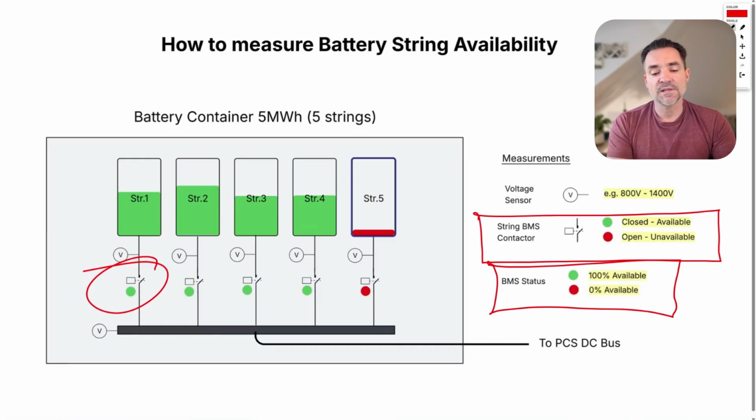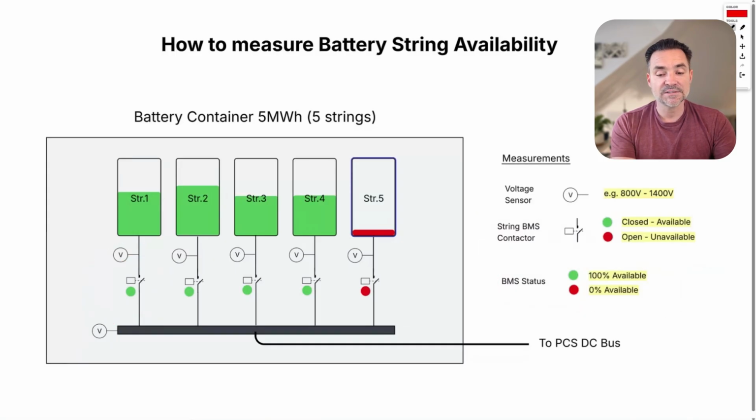They're also fairly reliable. If you don't have any of these measurements, or if you don't trust them, you could also measure the voltage of the bus and the voltage of the string. If the contactor is closed, the voltage across the contactor is going to be very low. It should be 0, maybe just a tiny bit of ohmic losses.